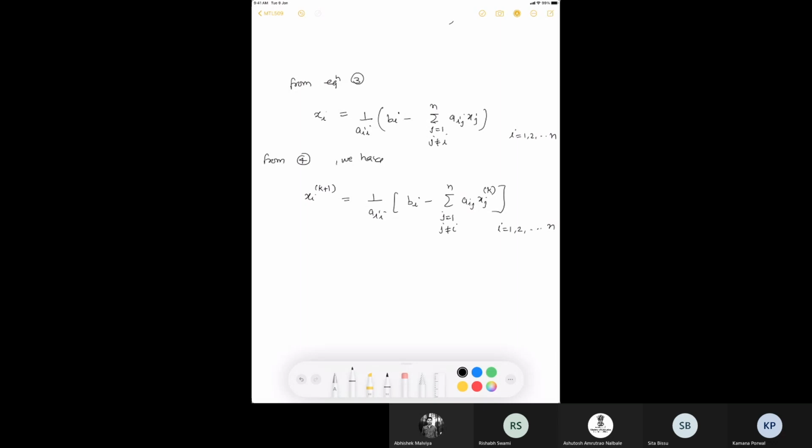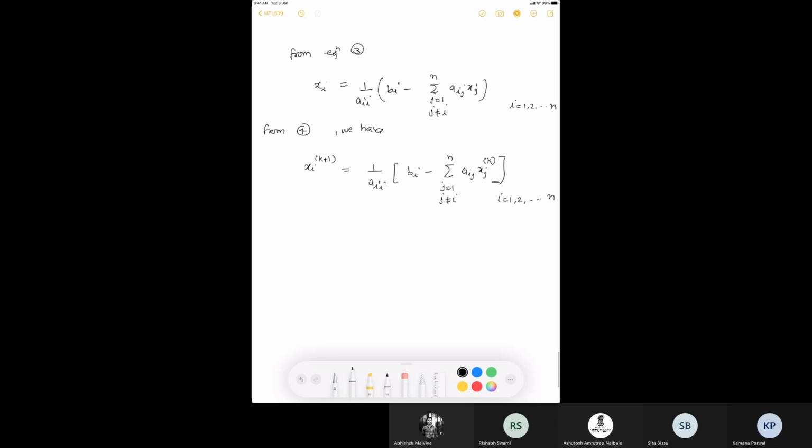So what I'm going to do now is simply subtract xi and xi k plus 1. You can observe here that the bi factor is sitting in both, so it will cancel out. So what I will get is the summation j equals 1 to n, j not equal to i, aij divided by aii, times x minus xj k.